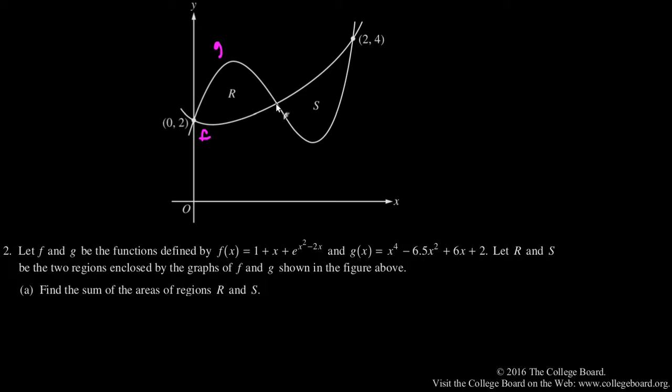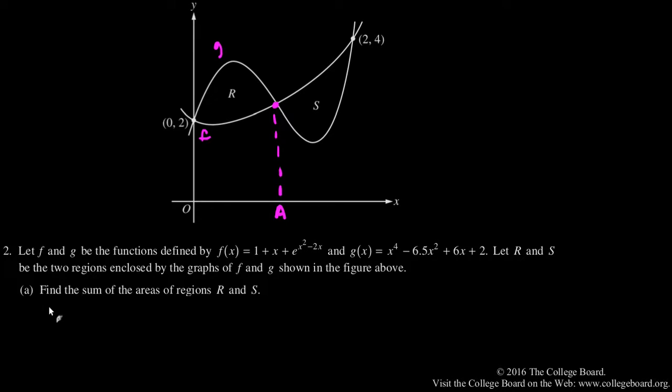So what I need to do first of all is find this value, because from 0 to this value, which I'll label as a, g is going to be bigger than f. And then from this value to 2, f is going to be bigger than g.